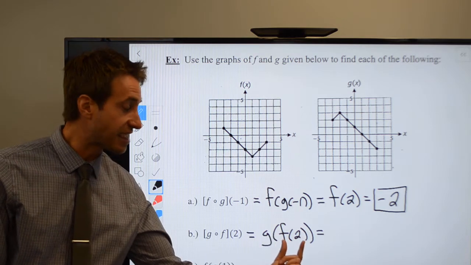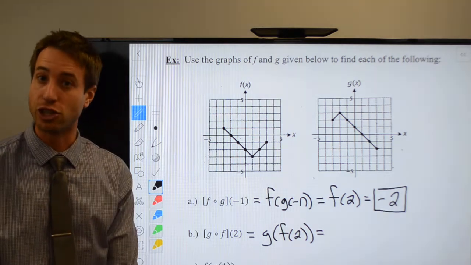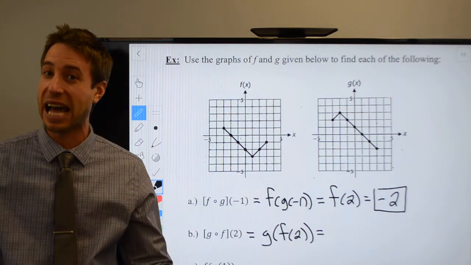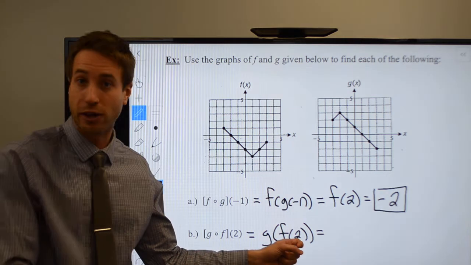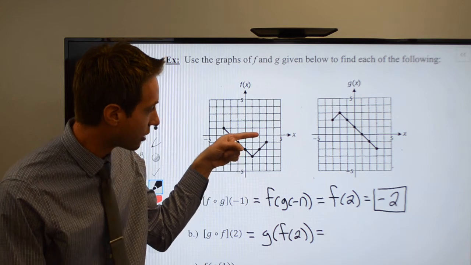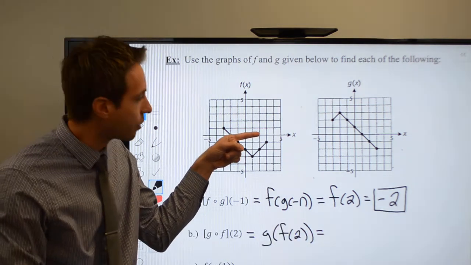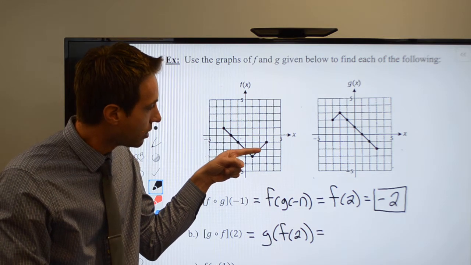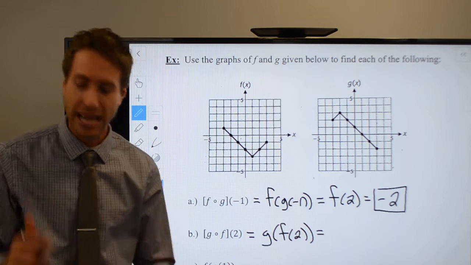Then once I get that value, whatever it is, I'm going to plug that into the function g. We work inside out, right? So here we go. I plug in a 2, my domain value, my x value. So here we go, 1, 2, there's that domain value. What does f give me back? Well, whatever the value of the function is. -2. So f of 2 is equal to -2.